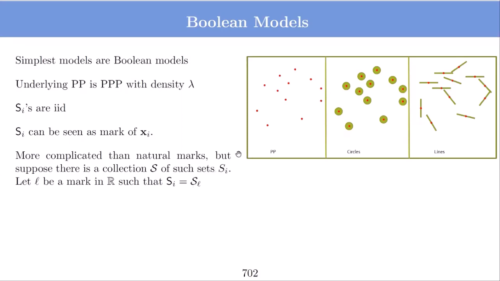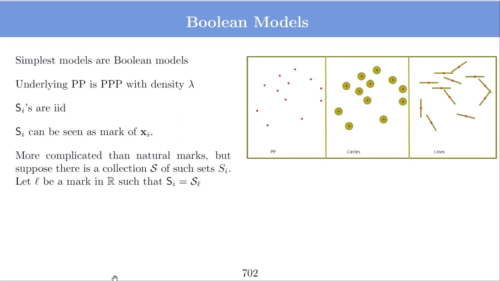The other way to look at it is that you make a collection of sets S_i, and then the mark is an index such that S_i equals S. You make a collection of sets and then assign a number to each point which denotes which object in the collection it corresponds to.